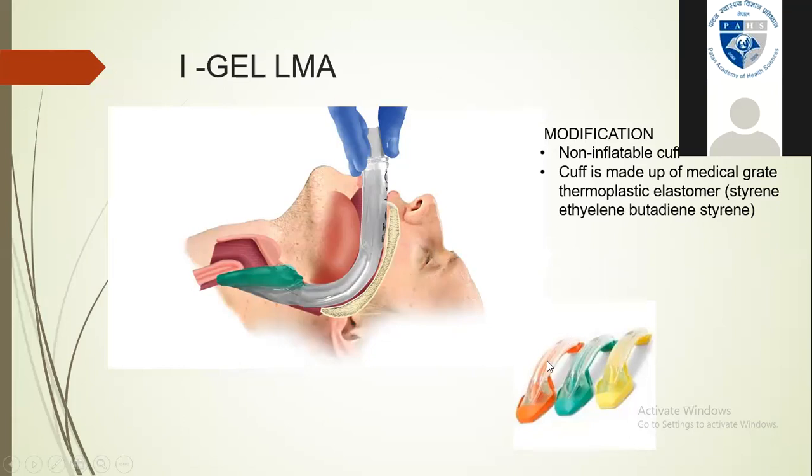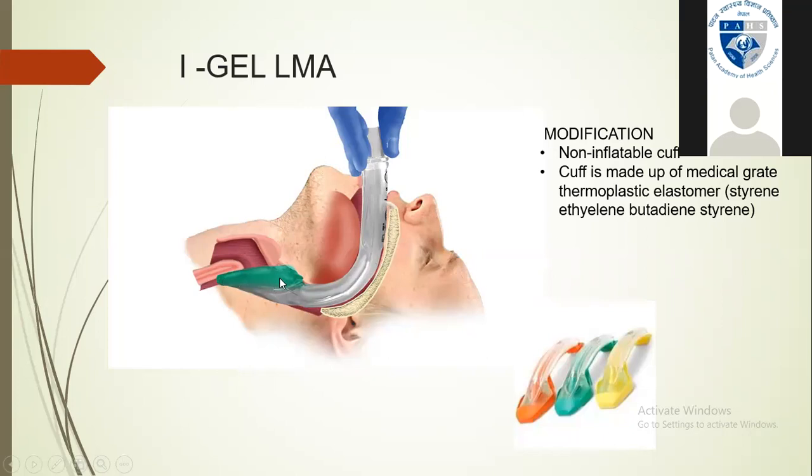In this iGel LMA, the insertion is slightly different. We take this out from the cover and apply adequate jelly towards the non-ventilating side of the cuff, and we hold it not just above the cuff, but towards the proximal part, and insert it against the hard palate.